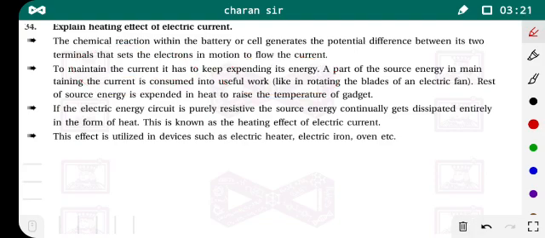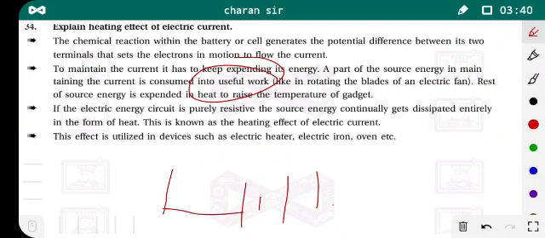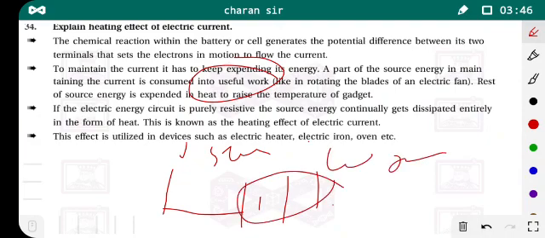A part of the source energy used in maintaining the current is consumed in useful work. Which types of work can be done using this energy?